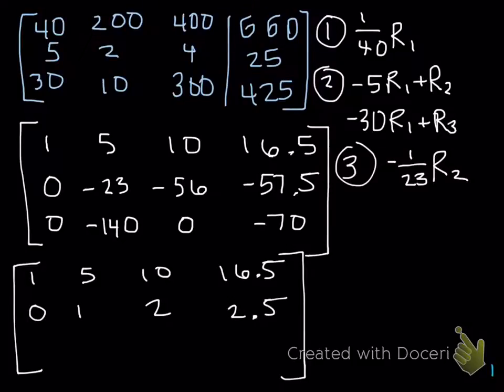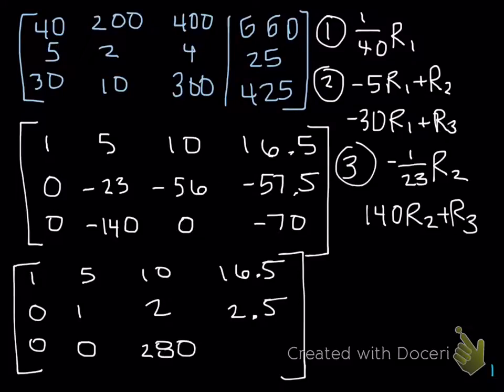And I'm going to use that to fix my row 3, so I'm going to multiply 140 times row 2 plus row 3. So I'll get 0, 0, and then we're doing 2 times 140, which is 280, plus 0 is 280. Then I'm doing -70 plus 2.5 times 140, and that result is 280.